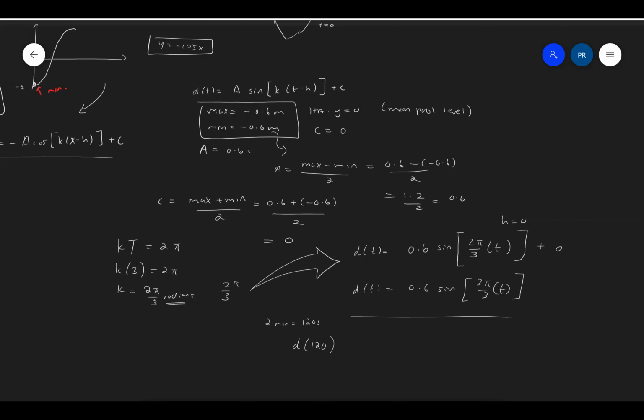So you're doing d of 120, which is 0.6 sine 2 pi over 3 times 120. And if you multiply this out, I'm just going to simplify this first. This is 40, so this is 80 pi. So d of 120 is 0.6 sine 80 pi.